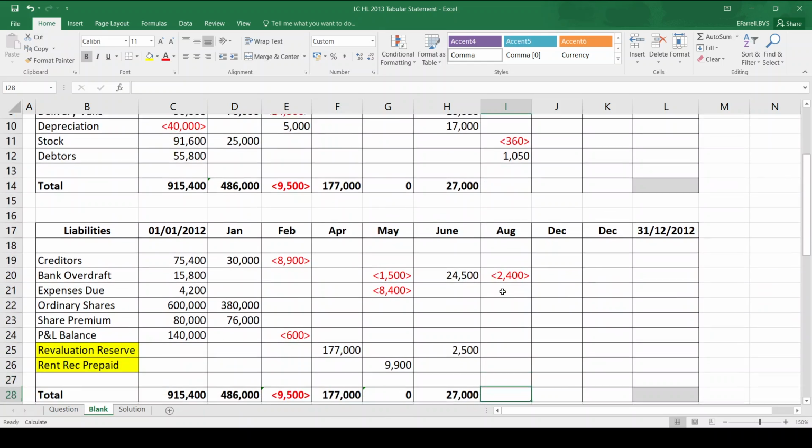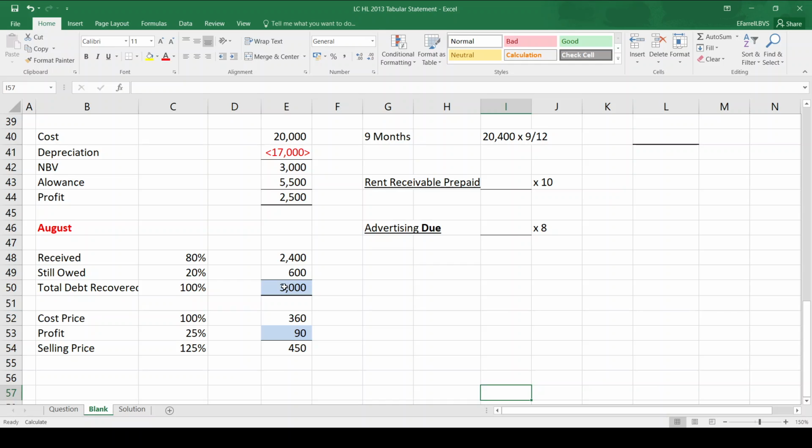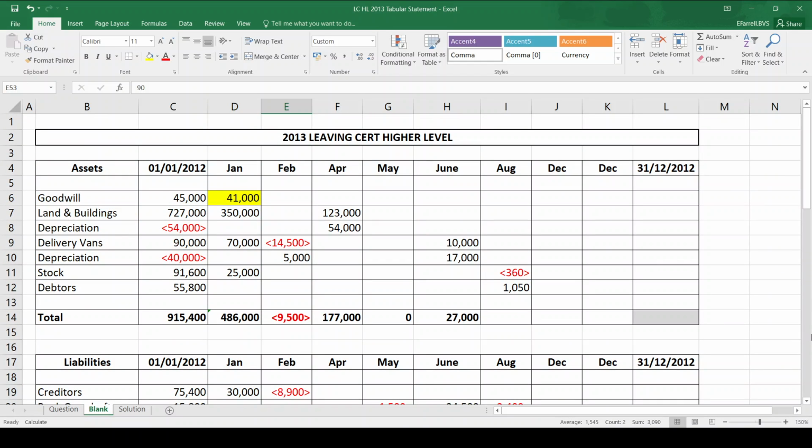And my profit and loss balance is the last figure I have to put in. Now, what goes in profit and loss balance? Well, this total 3,000, we thought we were never getting this back. Now we're getting it back. So that's going to be all profit, along with the profit from the goods that we sold them of €90. So in total, profit is going to go up by 3,090.